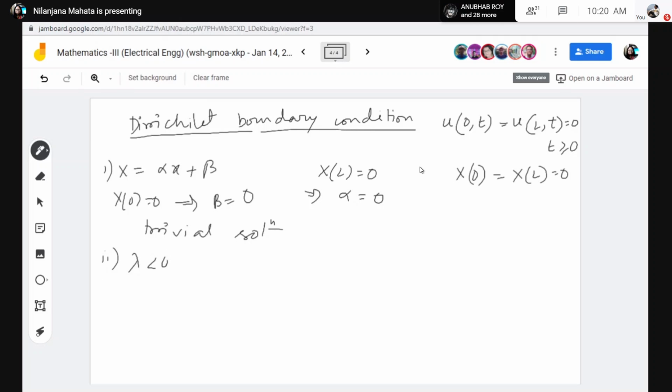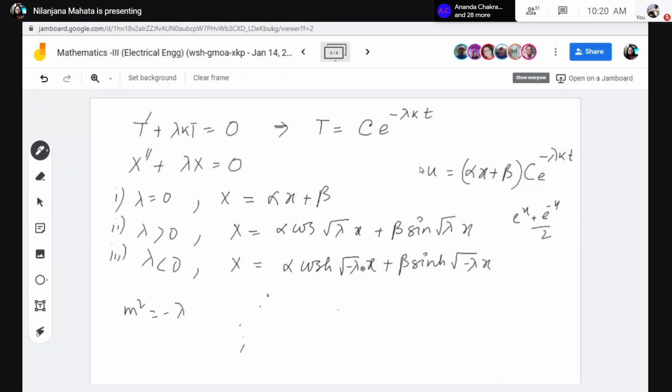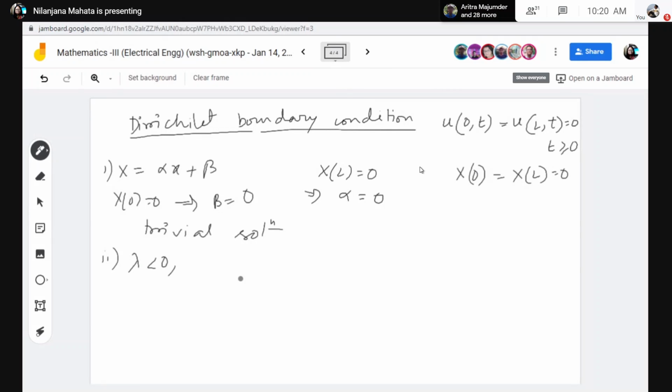Lambda less than 0. The solution was this: X is equal to alpha cos hyperbolic x plus beta sine hyperbolic x.